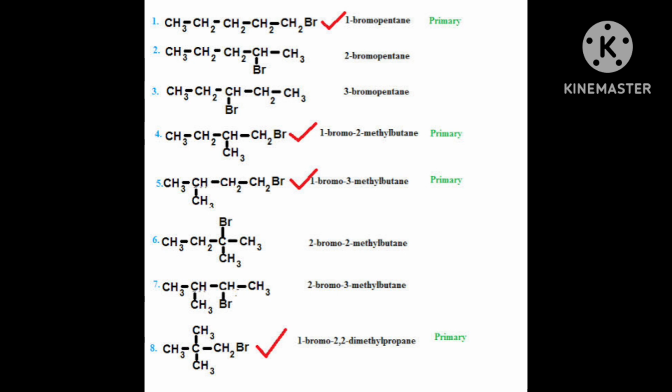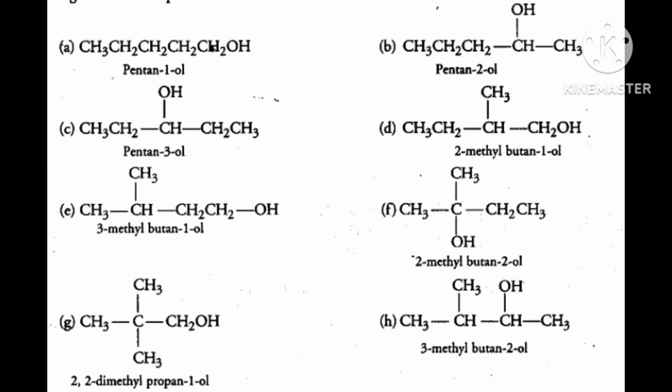Then here numbering you have to count, which one is the longest chain. Then it will come 5, 6, 7, 8. Including the branch it is coming 8, but straight it is 9. Hence you have to write the branch name properly.